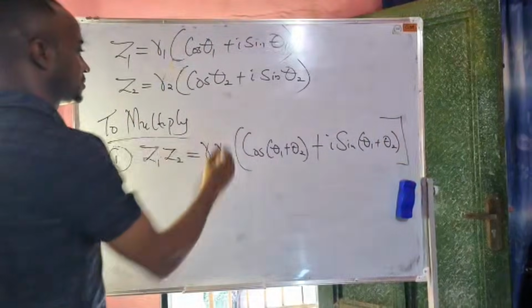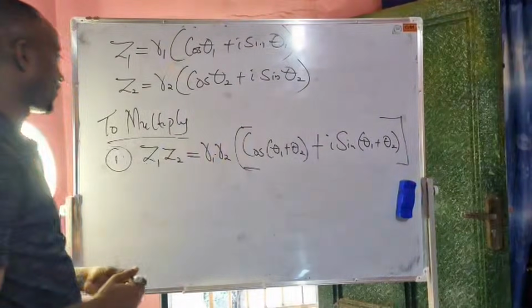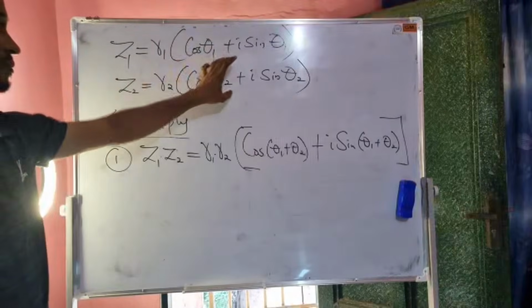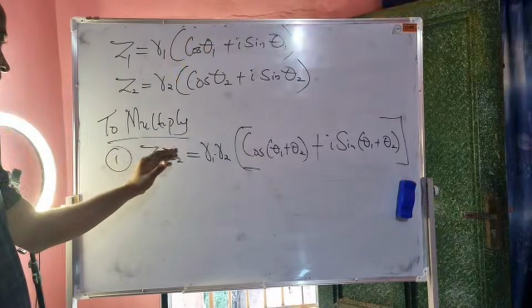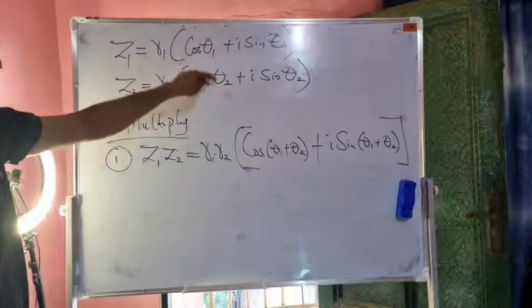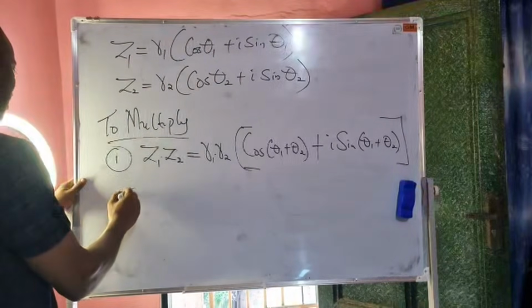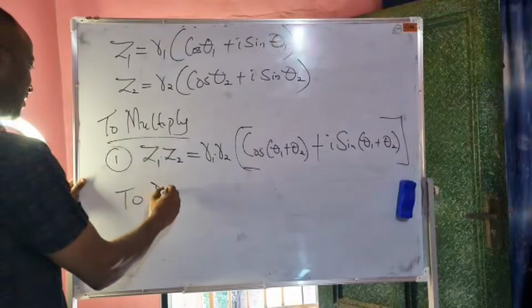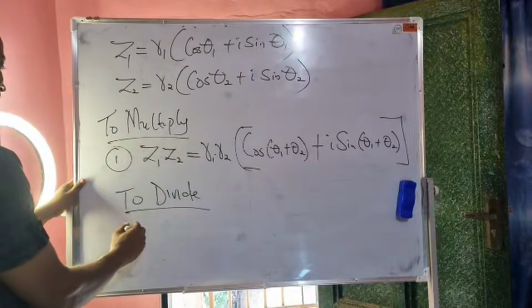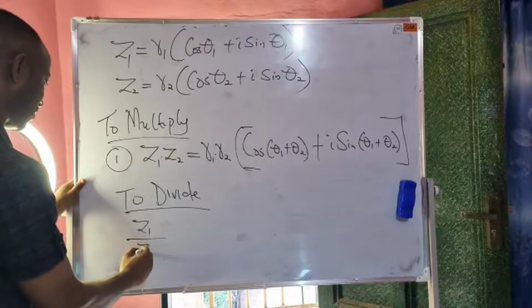This is very simple. If I have Z1 in polar form and Z2 in polar form, to multiply Z1 with Z2, the principle says multiply the R's, then add up the angles. But to divide, let's say we have Z1 divided by what?